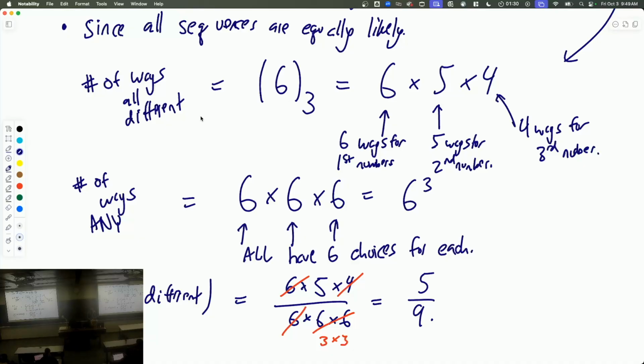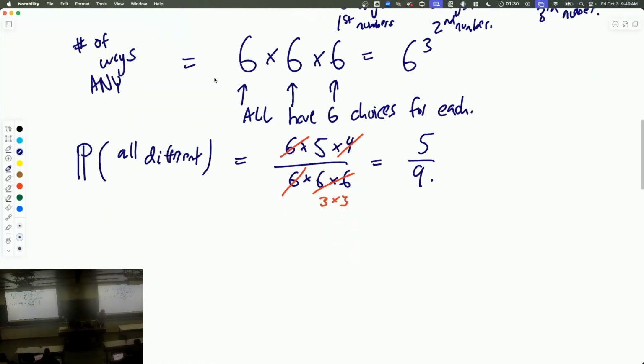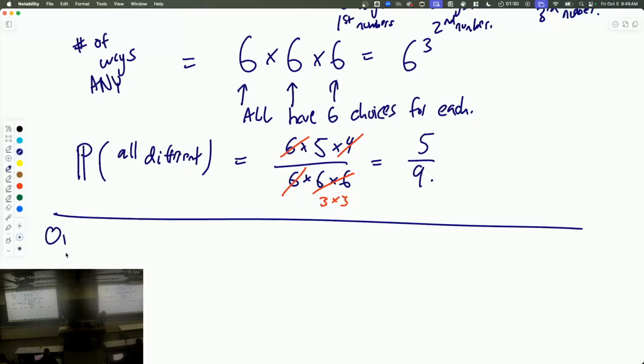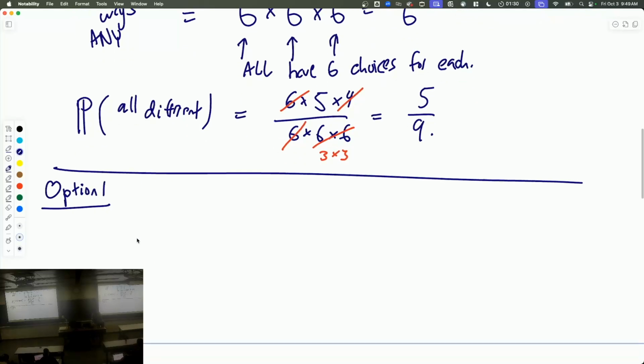Okay, let's do the probability tree way. And I will do it a bit quicker because we've already seen one way. And I really think of it as imagine rolling the dice one at a time, and you either get thumbs up, they're all different, and you can keep going, or boo, you have a duplicate and you lost.